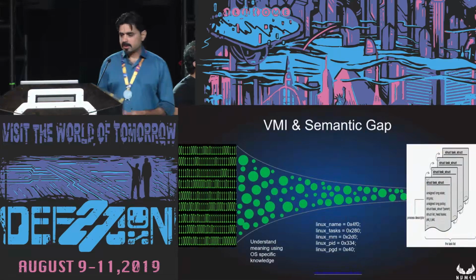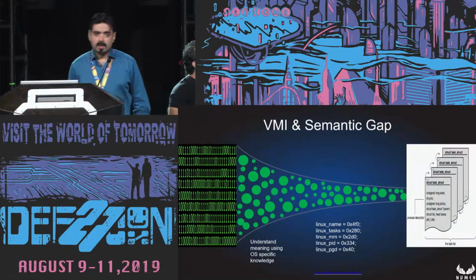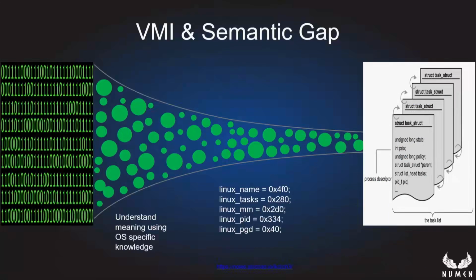Okay, so let's get started on the VMI. What is VMI, or what kind of interface does the hypervisor expose? Basically, what you have is raw memory. And you take the raw memory and use some OS-specific knowledge to make sense out of it. For example, you should really know where the kernel is storing what, and then build your logic around it.